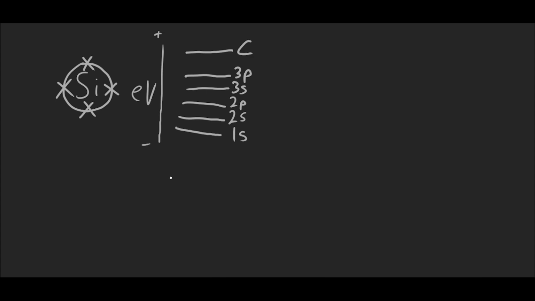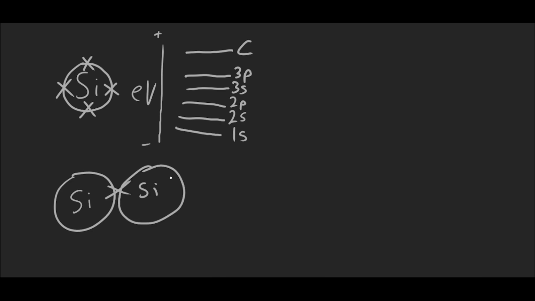So let's say we have a pair of atoms. They will share the electrons like this, and they will still have the electrons like that. So if we have a pair, what happens to these discrete levels is that they actually become two levels.